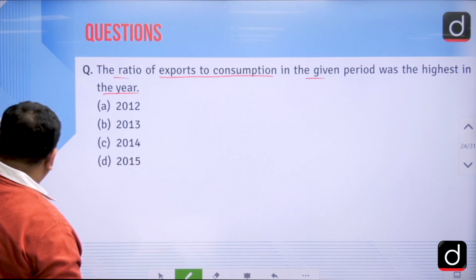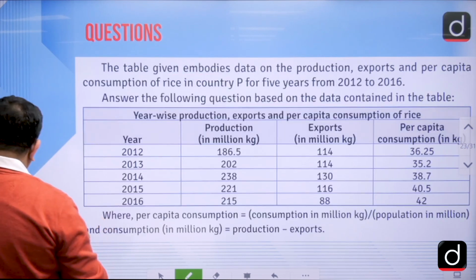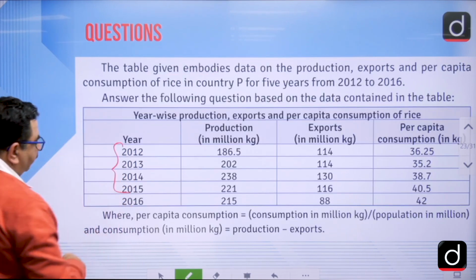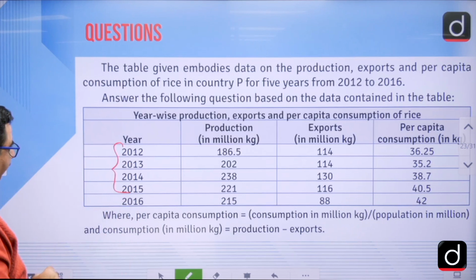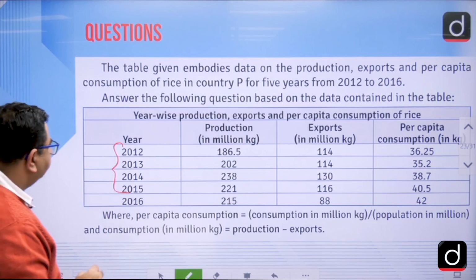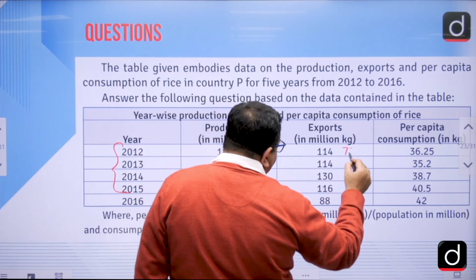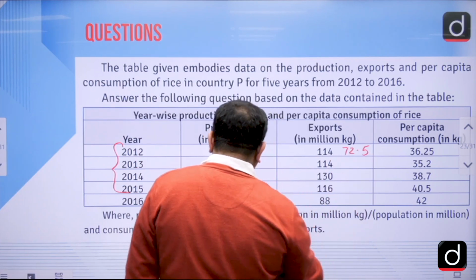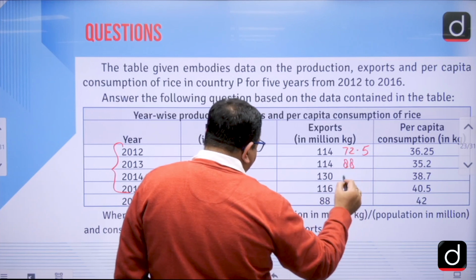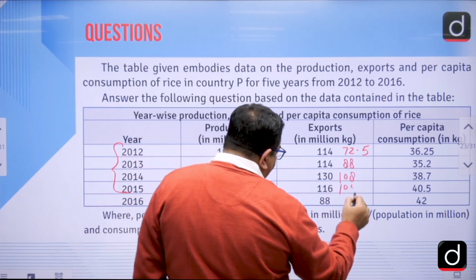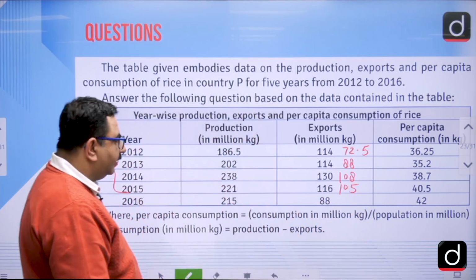So we have to check these 4 years. First of all, we need to write the consumptions. I think we have calculated earlier also, that is 88, this is 108 and this is 105, right?